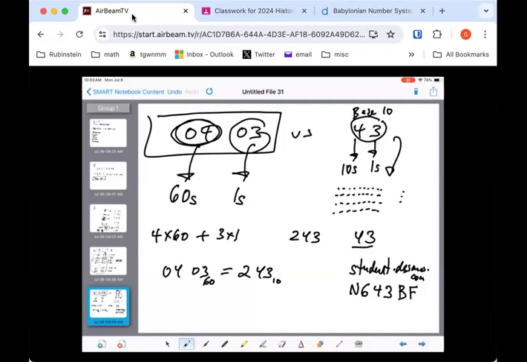So the number 243 is 3 ones, 4 tens, and 2 hundreds, which is the same number of things if I split it up as 4 60s and 3 ones. They're both ways of describing 243 things. And just for fun, I could say 4 hours and 3 minutes is how many minutes? And the answer would be 243 minutes.